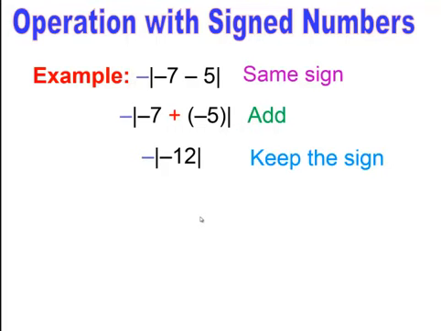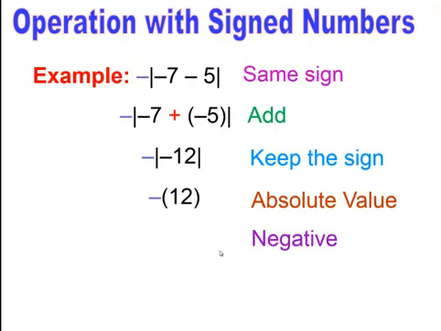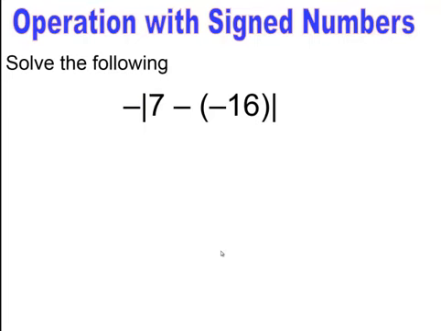So you have to first take the absolute value of the negative, and you end up with a positive, and then you apply that negative that's on the outside to your answer. So you end up, in this case, having a -12 as your answer. So you have to be very careful when you're evaluating absolute values. Pause and try.